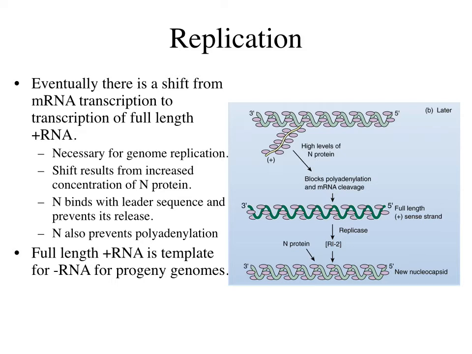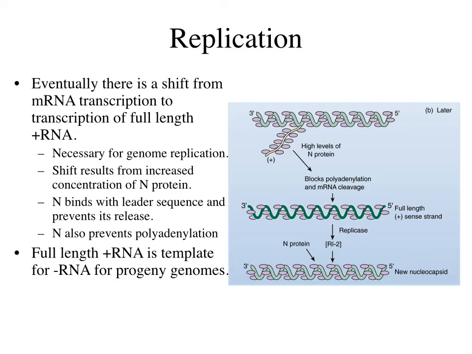When the concentration of N increases, it complexes with the leader sequence as it is transcribed. The leader has a binding initiation site for RNA. This prevents its release, and then transcription continues down, and you get a full-length transcript produced.